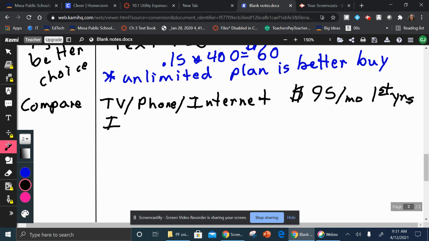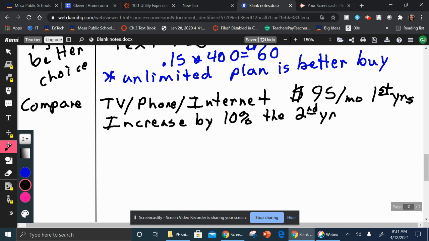And it's going to increase by 10% the second year. So that's the first one.